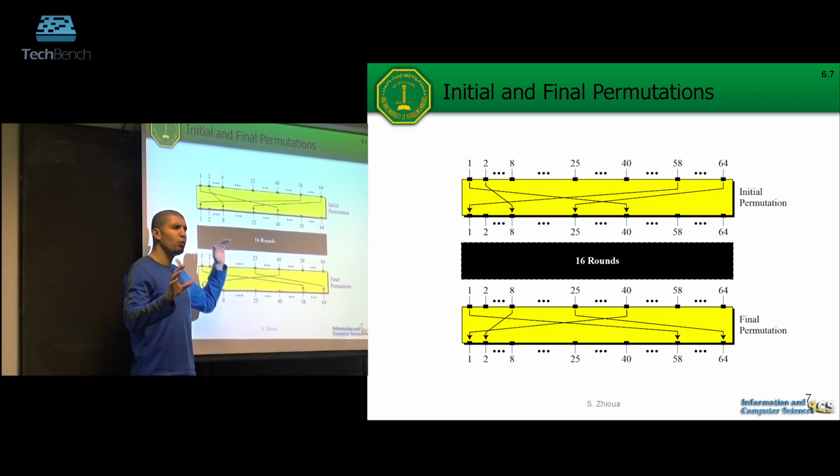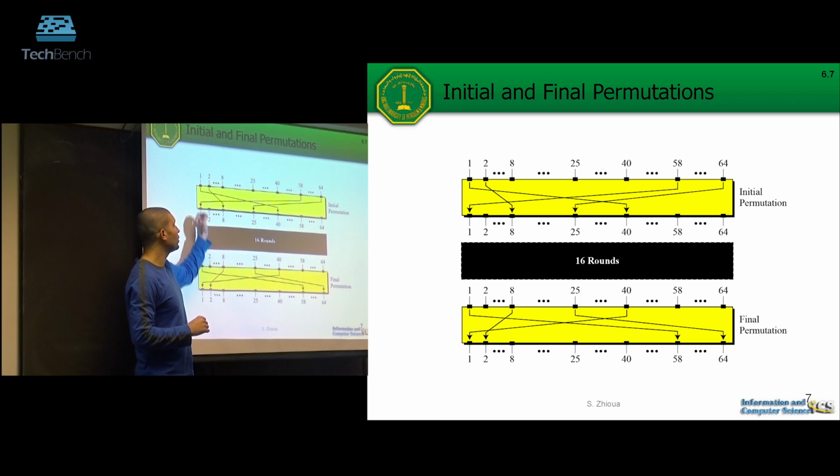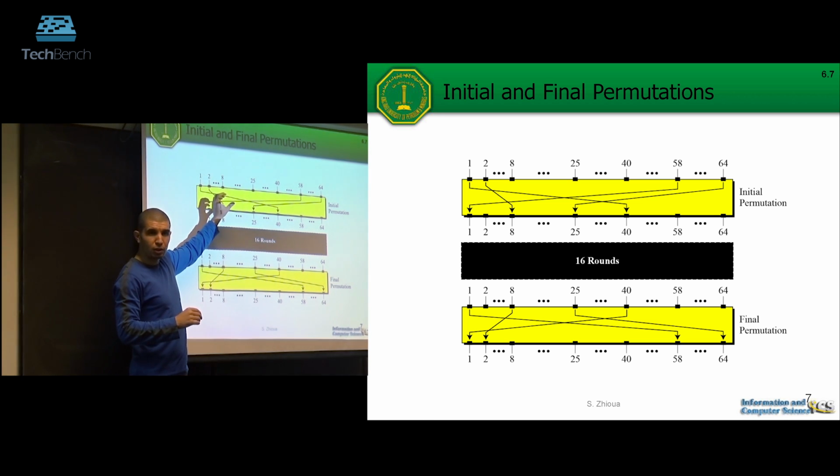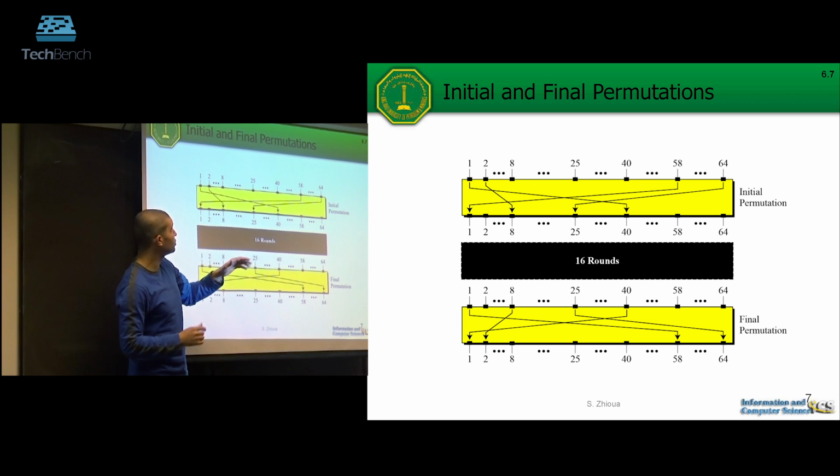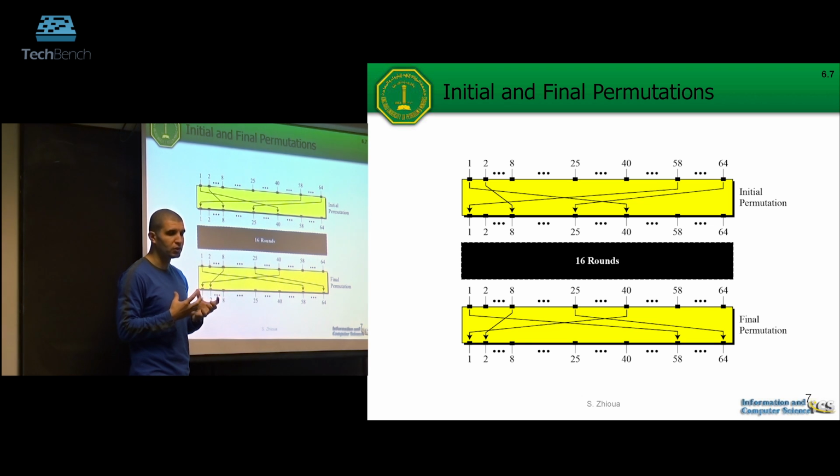You will apply the 16 rounds on the bits before permutation, and this is the first case, if we don't use the initial permutation. The other case is you apply the 16 rounds after doing the permutation, having changed the bits. It's not going to be the same.